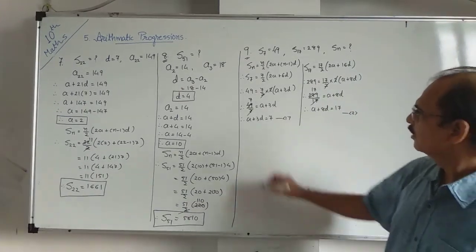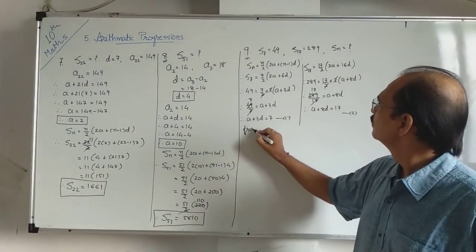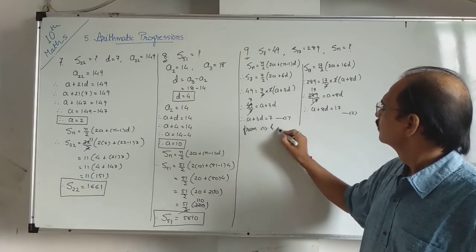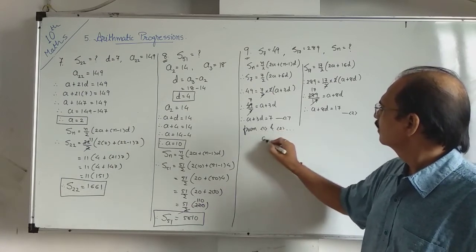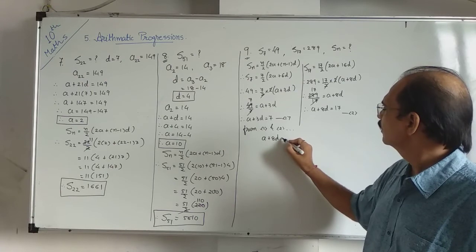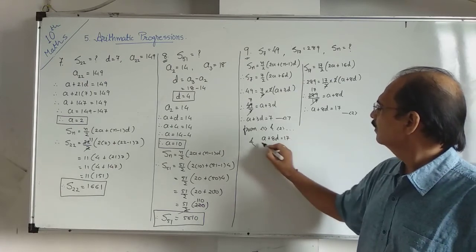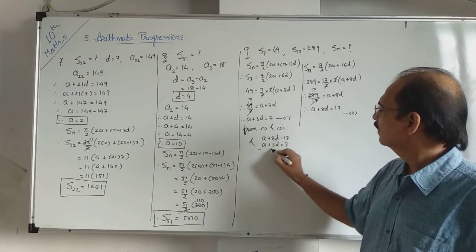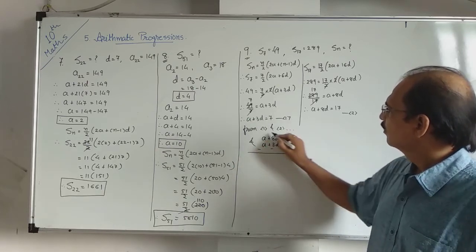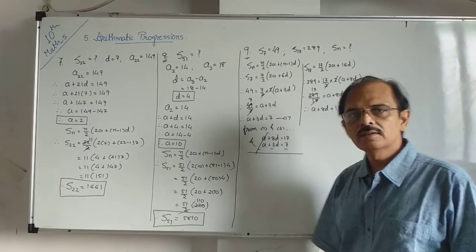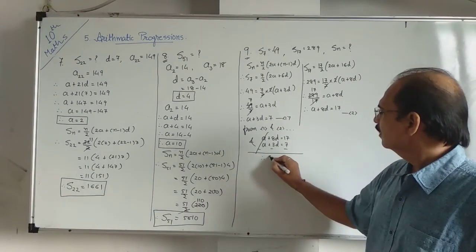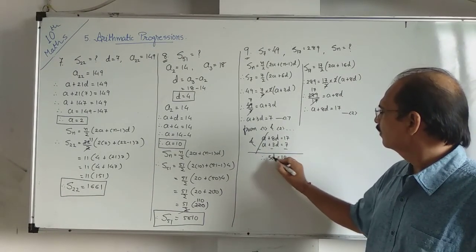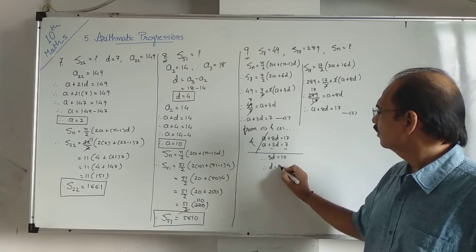Now eliminate, using equations 1 and 2. By the elimination method, I write the second equation first because it is bigger, and the first one is a plus 3d equals 7. Change the sign. Plus a minus a cancel. 8 minus 3 is 5d equals 10. 5 moves down, so d equals 2.